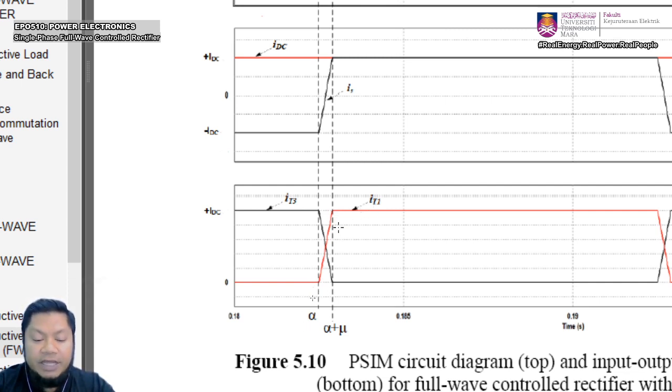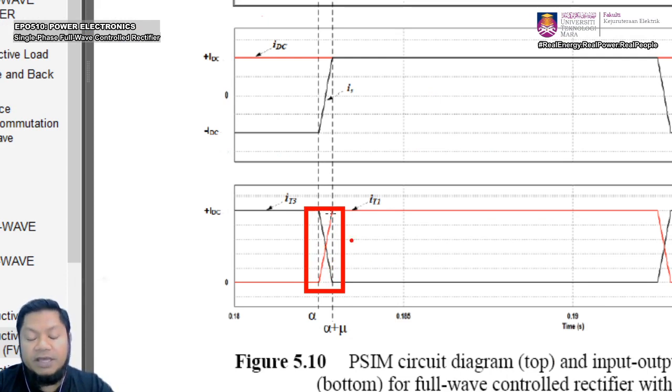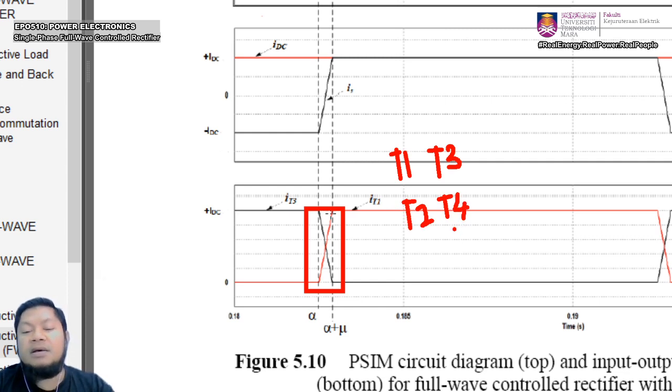So there is an overlap of current, isn't it? In this short time, which is known as the overlapping period or commutation interval, you're going to see that T1 is on, T3 is also on, because the current is still flowing in the thyristor, as well as T2 and T4. So all thyristors are conducting current during this overlap.